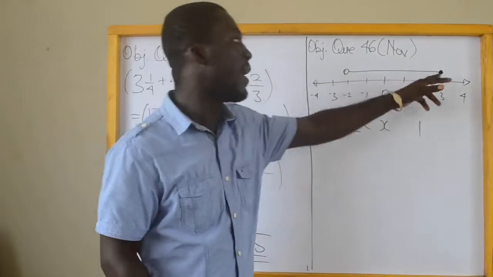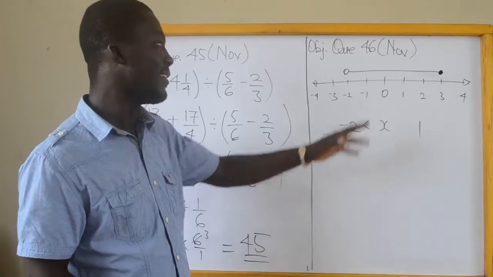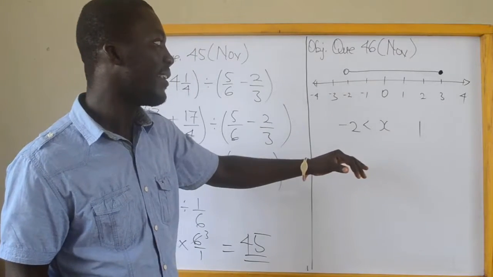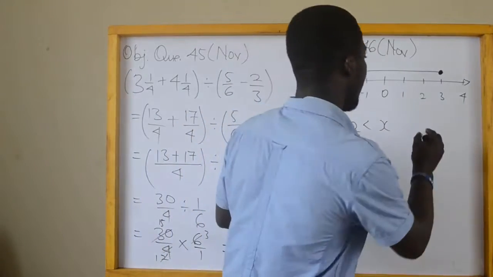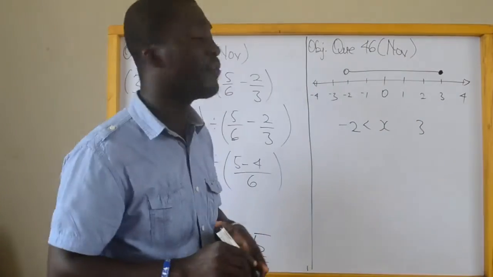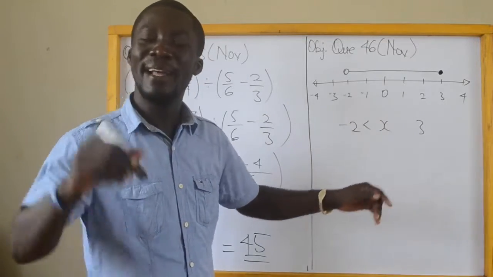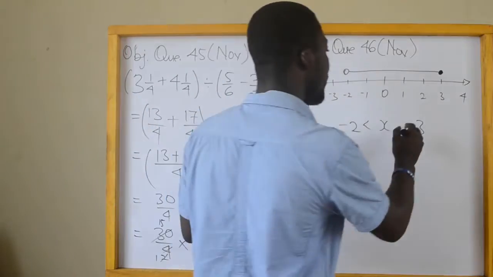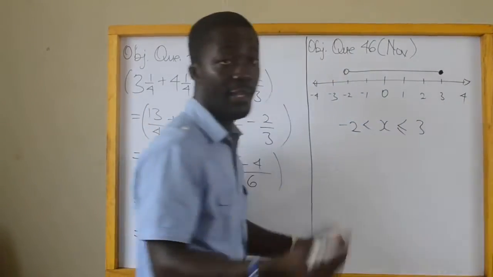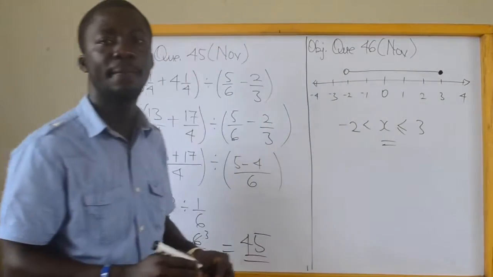When you get to this part, the values of x are less than 3, but the 3 is also part, which is inclusive. So we use less or equal to. And that will be our final answer.